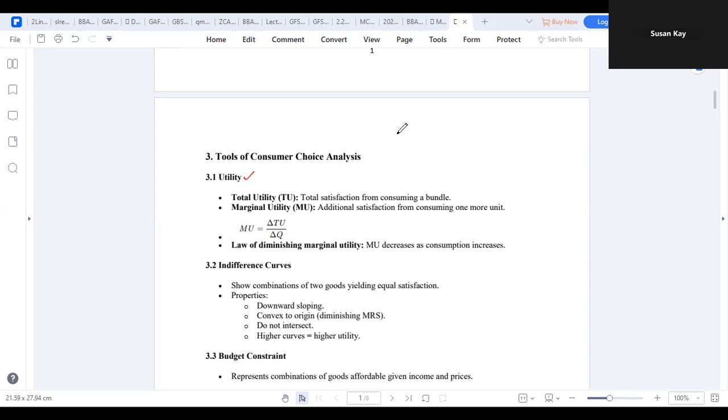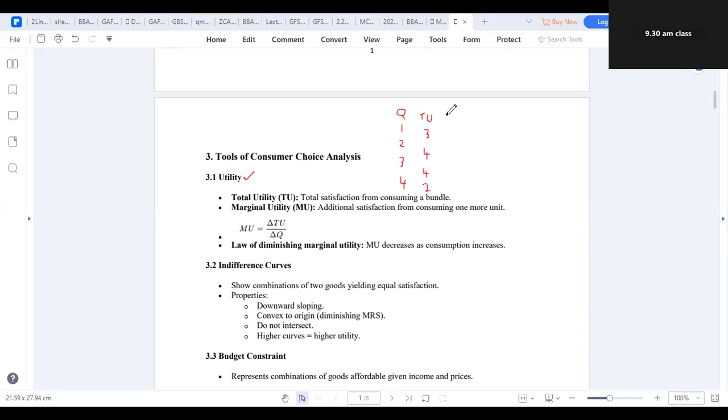So for instance, we have quantities 1, 2, 3, and 4. Then you have total utility, starting at 3, then 4, 4, then maybe 2.